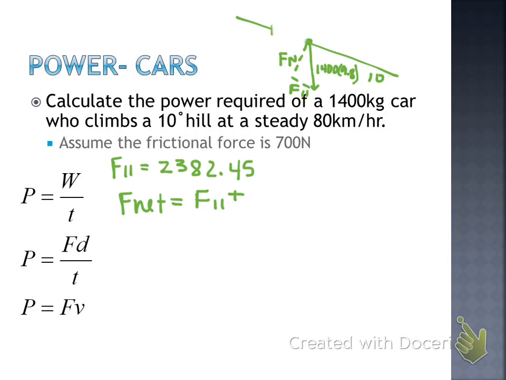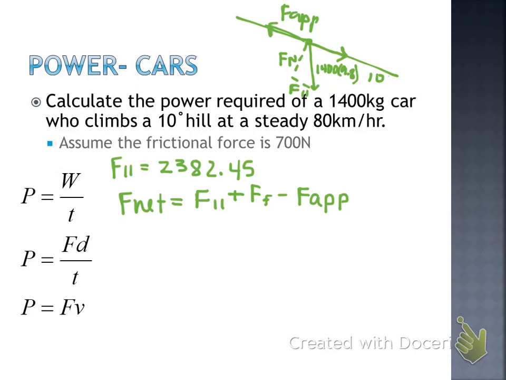My frictional force, I drew it the wrong way. Remember, our car's going up the hill, so does that make sense why our frictional force has to go down? All right, I drew that the wrong way. So parallel plus friction minus applied, right? The applied force is what's getting that car up the hill. All right, there we go. That makes much more sense now.